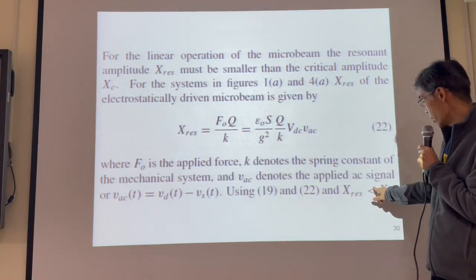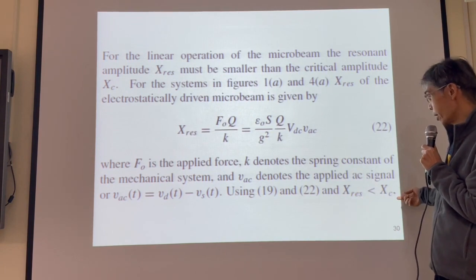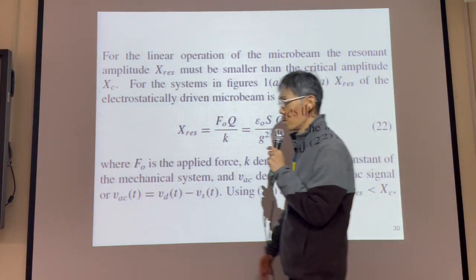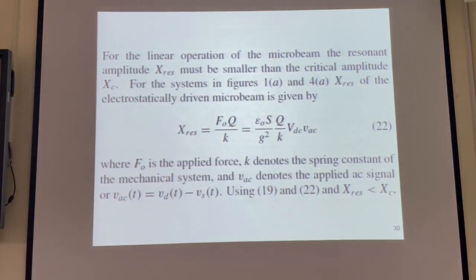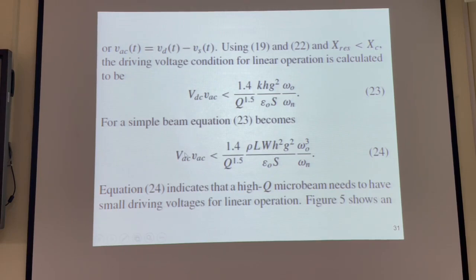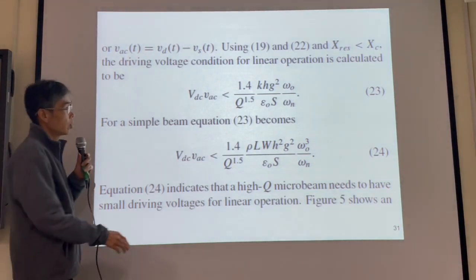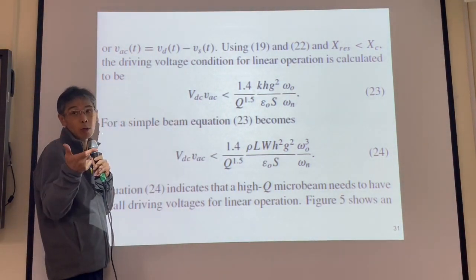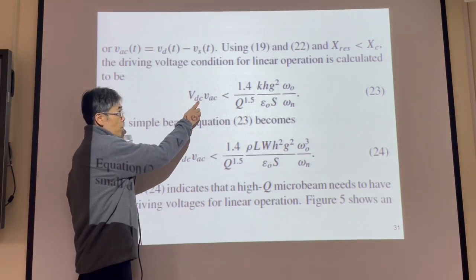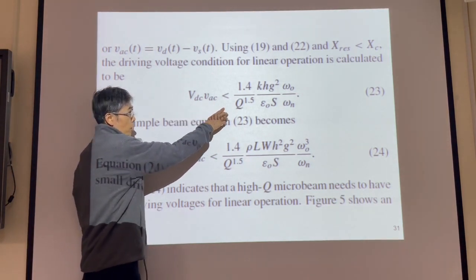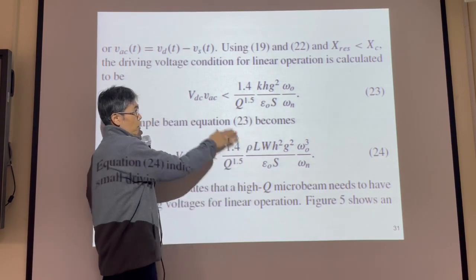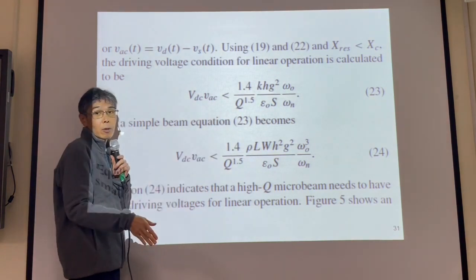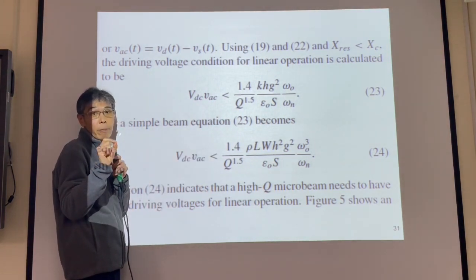Using this relation, we should be able to get the condition for your electrical power supply: VDC times VAC must be less than this. So the power supply cannot be too large. Otherwise, we won't be able to use the small signal model.